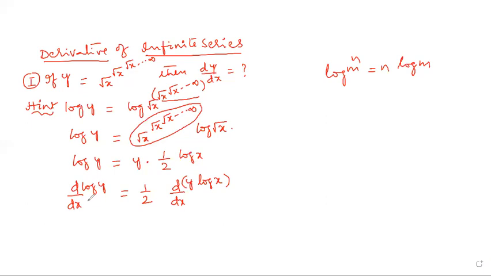Okay? First standard formula: log of immediately single y, no need for chain rule. It's dy by dx, write down: 1 by y, just dy by dx, because y follows the x rule. 1 by 2, u into v formula: derivative of u into v is equal to u into v dash plus v into u dash.